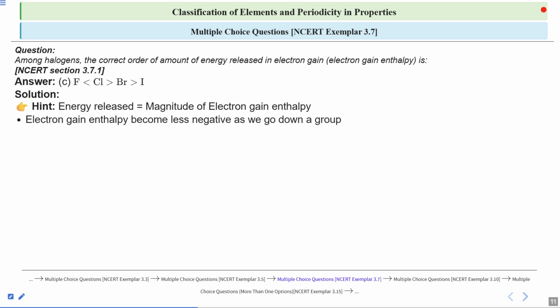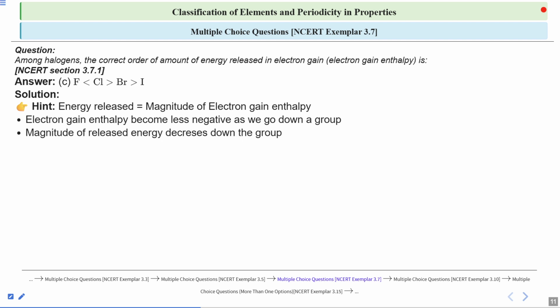That said, next what we see, the general trend says that electron gain enthalpy becomes less and less negative as we go down the group. And the reason behind it is that the size increases from fluorine to iodine, and hence the atoms accept electrons in a more difficult manner as we go down the group, because the size of the atom is increasing and hence the energy released is getting lesser and lesser.